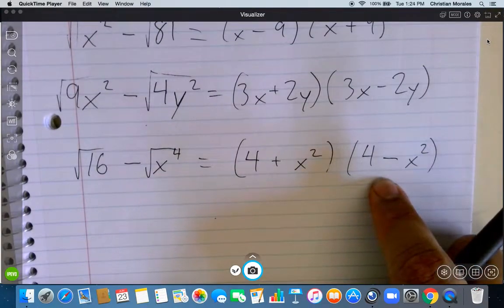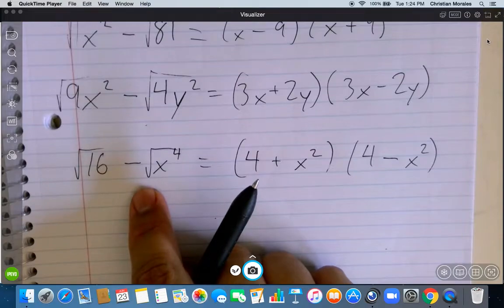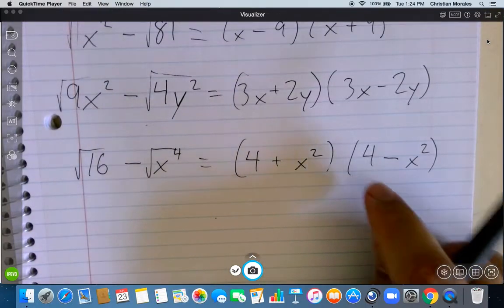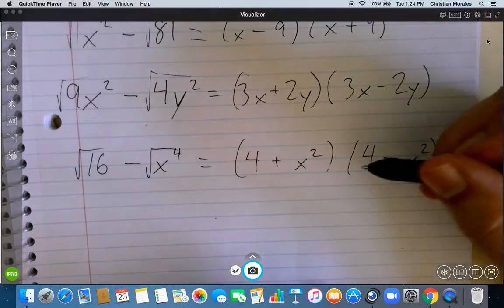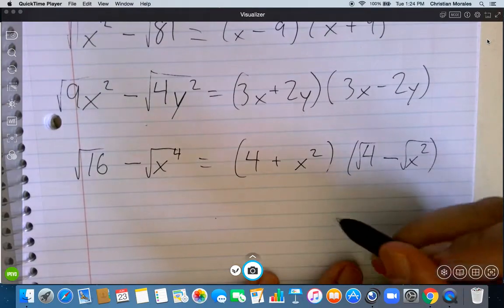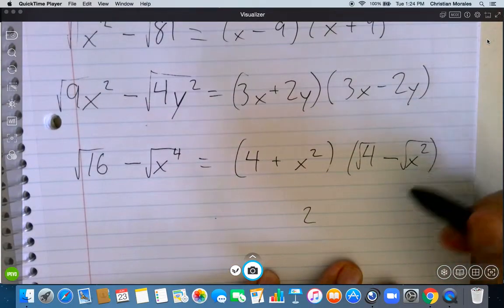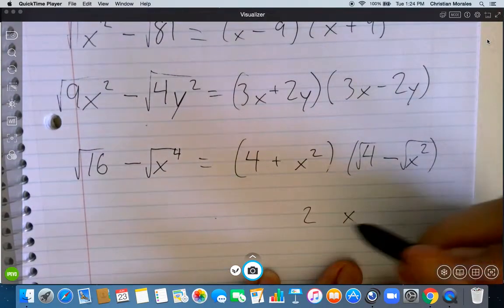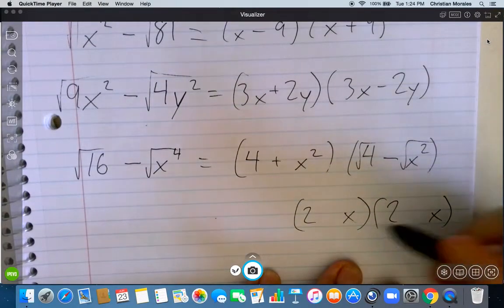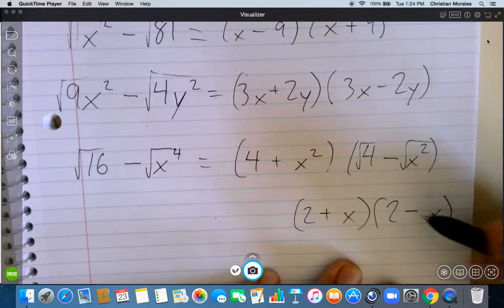again using the same rule we used here. Now, it's not going to be this one because this one has a plus sign. It's this one. If I take the square root of this and the square root of this, I get 2 and just an x. But again, you're going to get two of them. One that's plus and one that's minus.